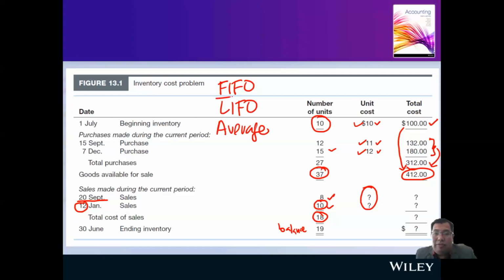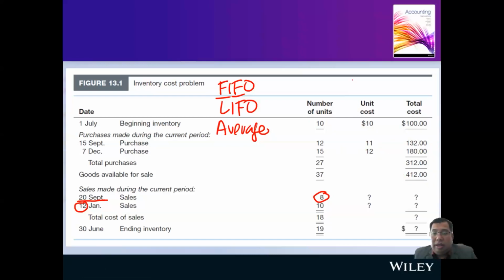If you use first in, first out, when you sell the items on 20th September, this item will be the first one available, that is this one, the $10. If you use last in, first out, it will go to the last stock available. So that is the difference. This is just a simple question that I raised to give you an idea how we should determine the value of your inventories.